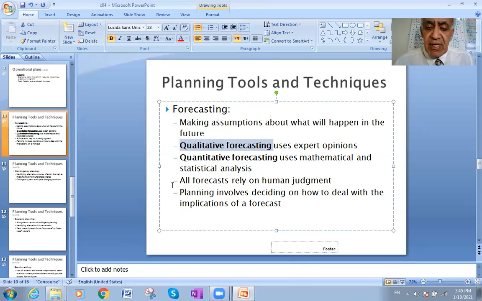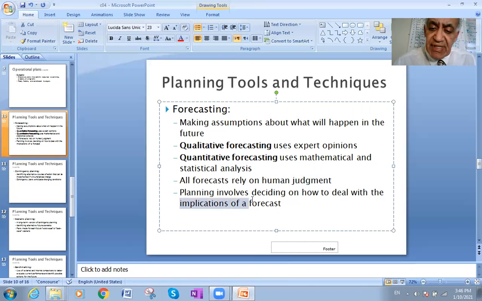For that reason, the second one, the quantitative, is more accurate, because of the human judgment, which may be right, which may be wrong, and this is the point.